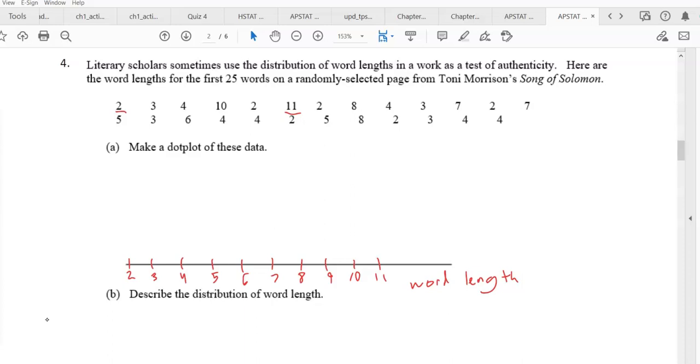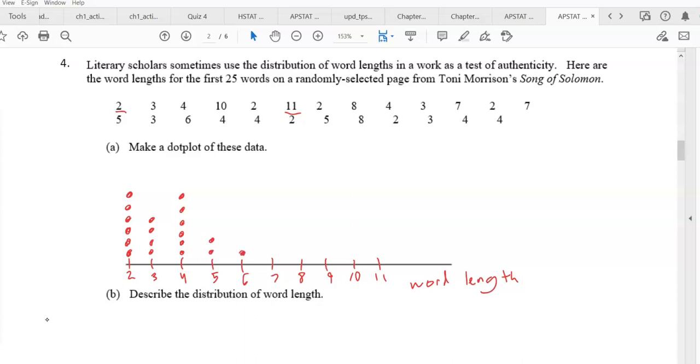Then you're just going to start putting all the dots there. Looks like we have 6 twos, 4 threes, 6 fours, 2 fives, 1 six.